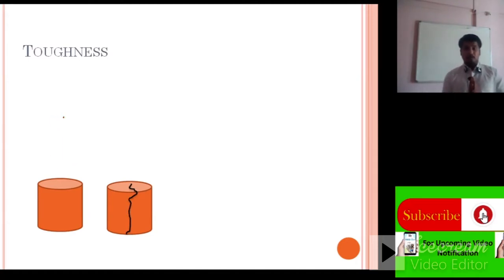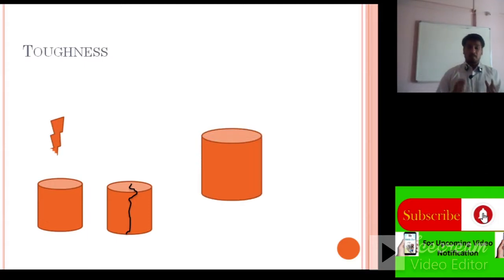Okay, but if that material has that property, then it cannot break down into two pieces by applying the external force or hammer or any external force, which is shown in the figure also. That material's property is known as the toughness property.